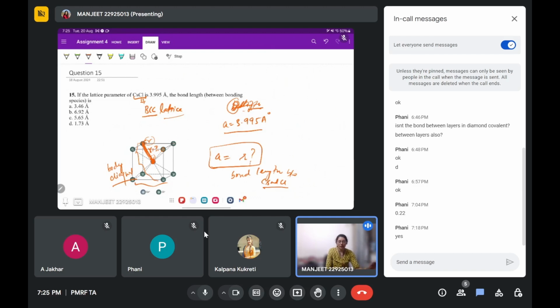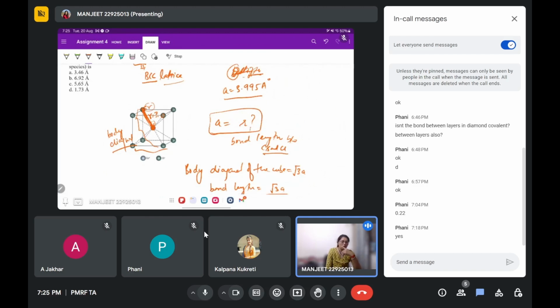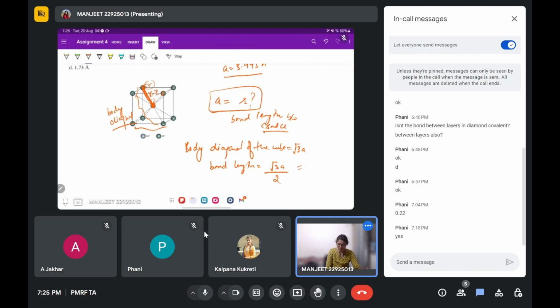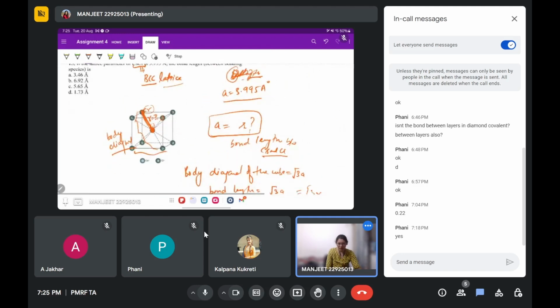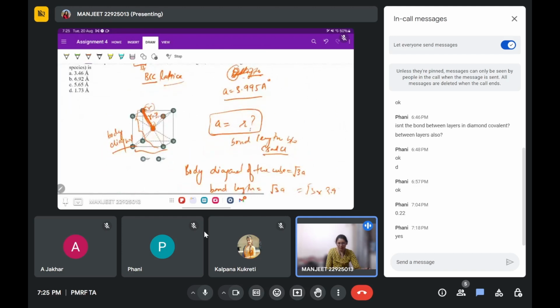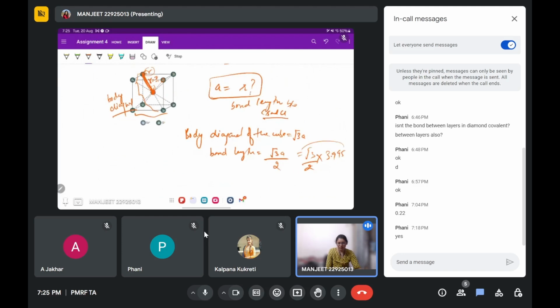It is half of this value. So put half of this value, 3.995, and this is the bond length between the species Cs and Cl.